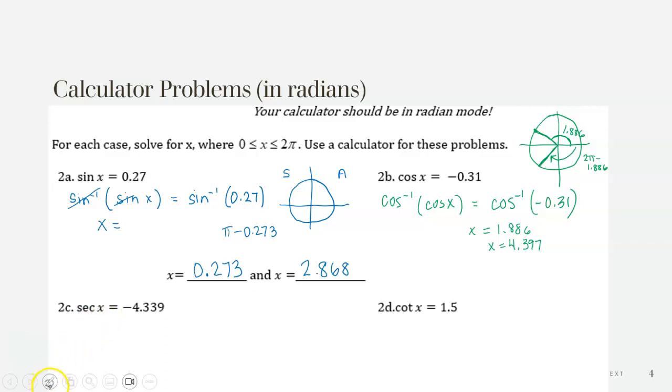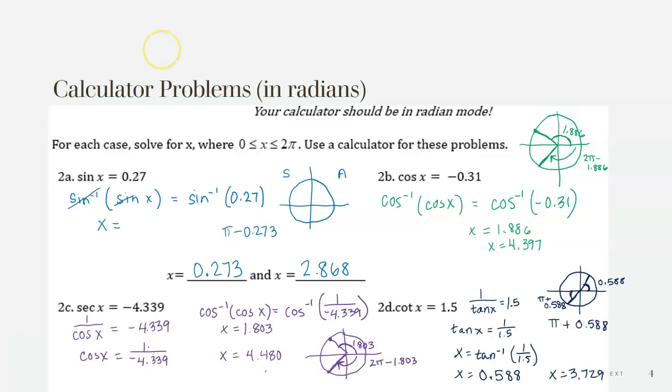Again, with secant, we're going to want to rewrite that as a cosine equation, and with cotangent, as a tangent equation. So I'm going to pause again and write up my solutions. The last two equations were reciprocal equations. Secant is 1 over cosine, which means that if secant of x is negative 4.339, cosine of x would be 1 over that. If I want to blow up the cosine house, I do cosine inverse on both sides.